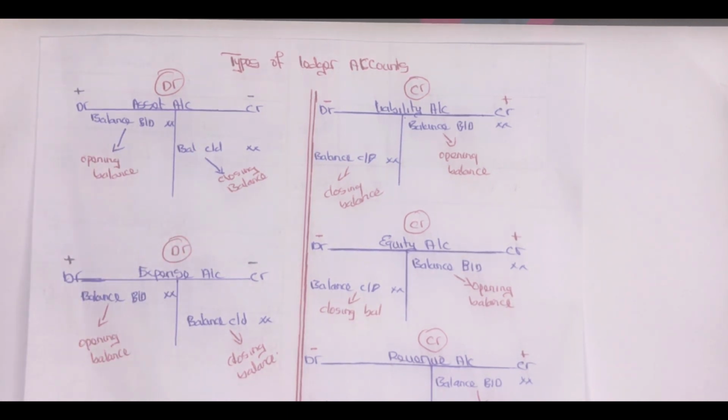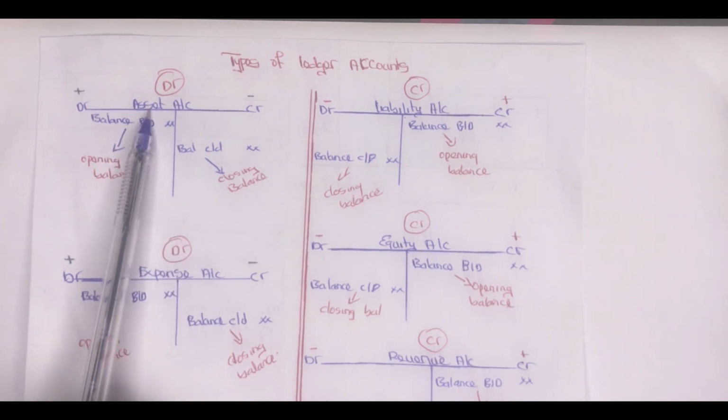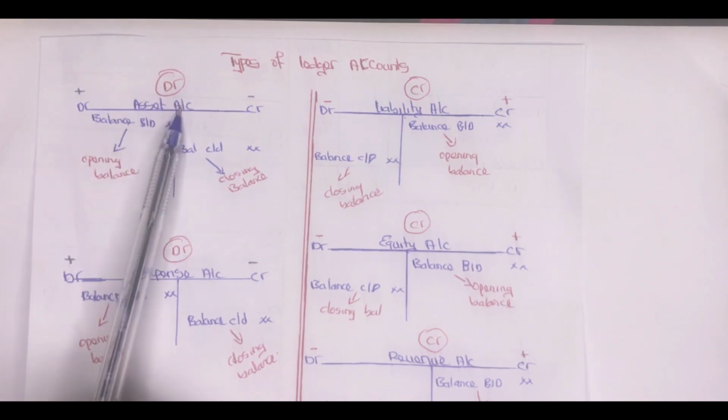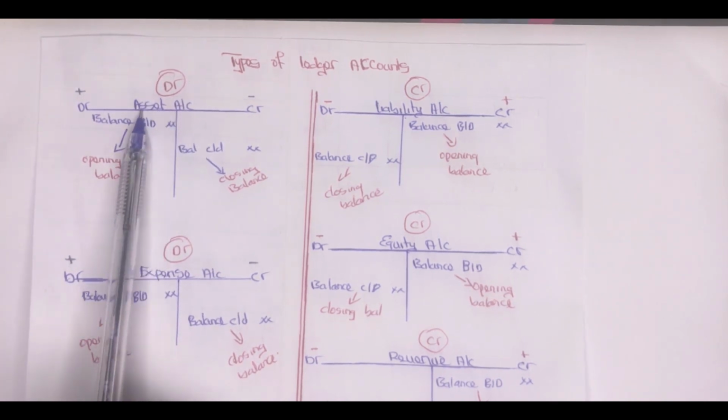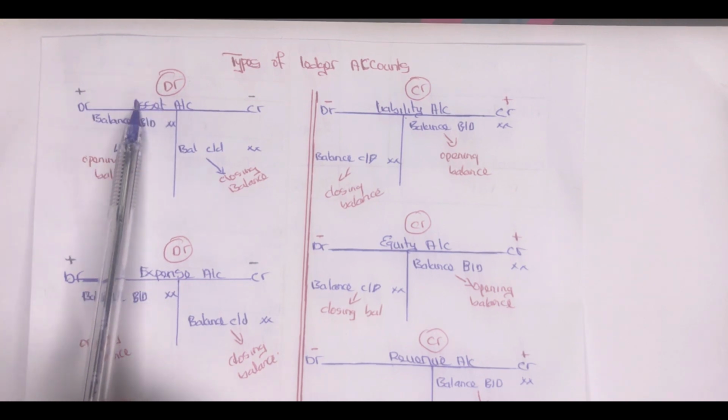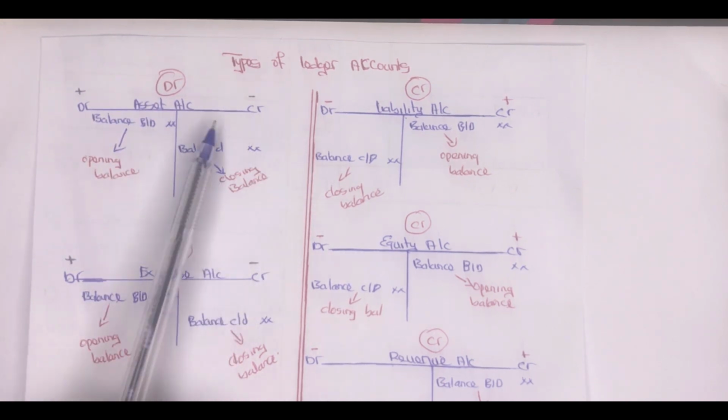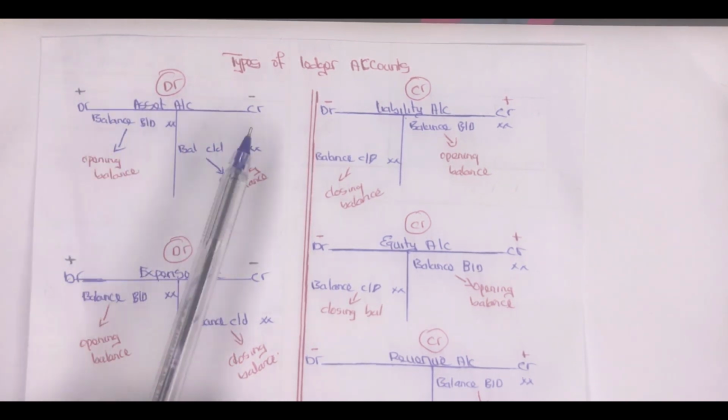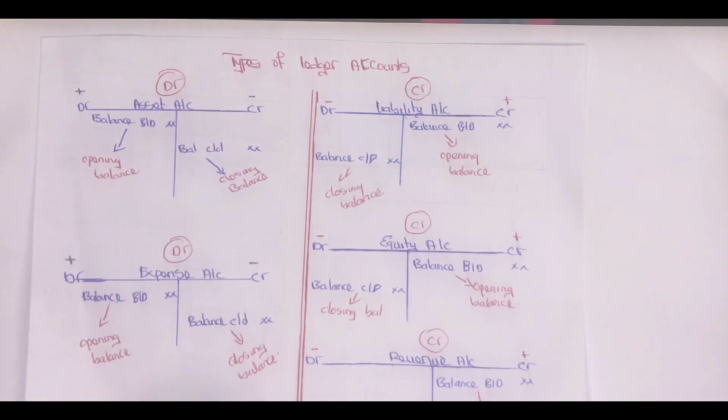And please remember, when we say asset account or assets, we are talking of furniture, cash, bank, inventory or stock, or receivables. Those are assets. So don't open your account and write asset here. No, this is a main heading. The main assets are there, like the furniture, the cash, the receivables, and stocks.